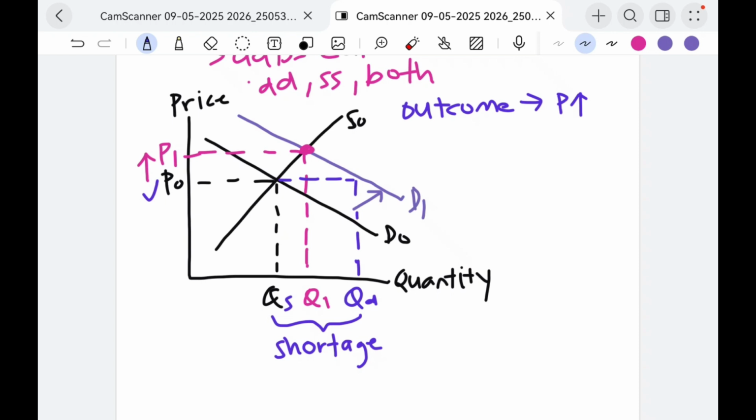Hence, to solve this problem by free market forces without the government's intervention, you have to make your price increase. So you talk about the issue first, why you need to increase the price. You say that at P0, your quantity demanded is more than quantity supplied and therefore there is a shortage. You need to provide a solution for that, right?